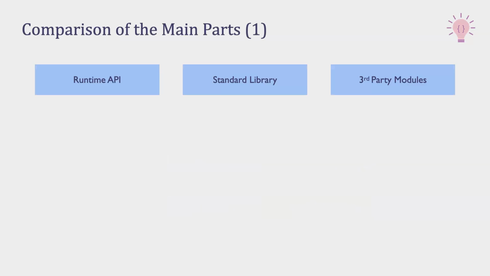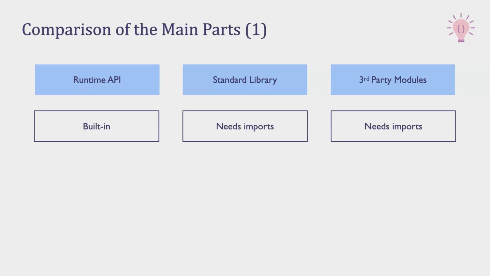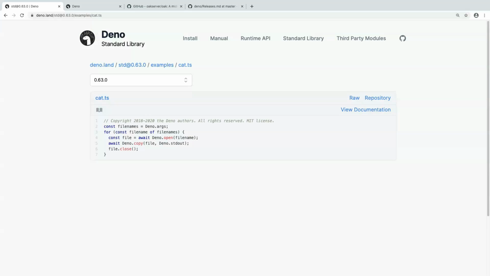Let's now take a closer look at the comparison of these three main parts: the runtime API, the standard library, and the third-party modules. First, runtime API is built-in Deno, while standard library needs import, and third-party module also needs import. Let's see examples of this. This is an example of the runtime API.